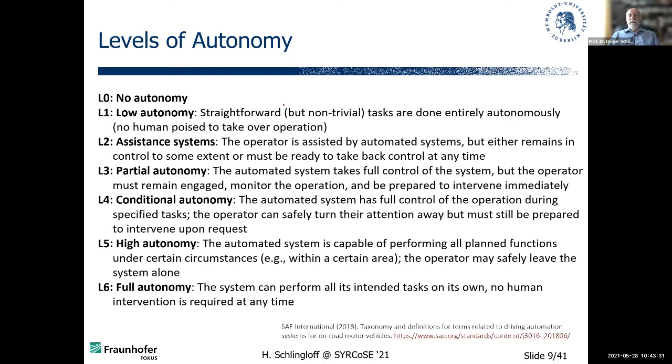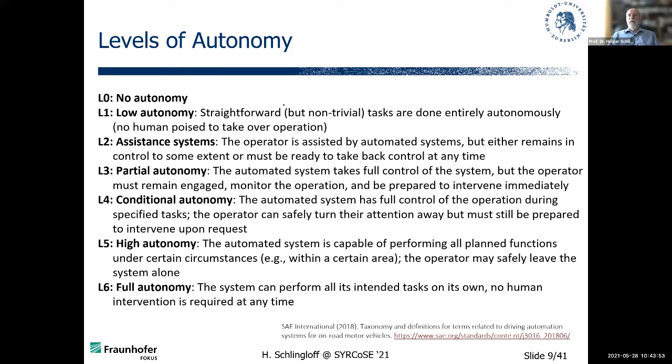And then the next step would be high autonomy, where the system is capable of performing all planned functions under certain circumstances. For example, there have been research cars driving all through Germany from Hamburg to Munich on the highway.